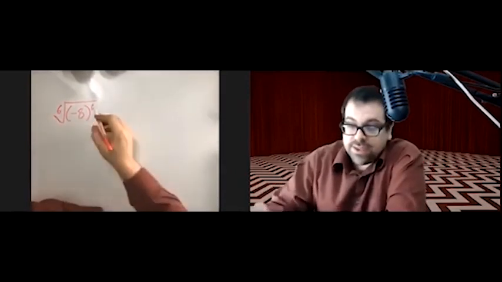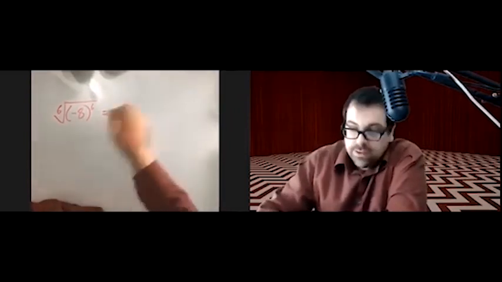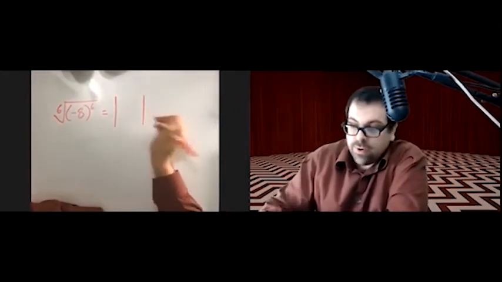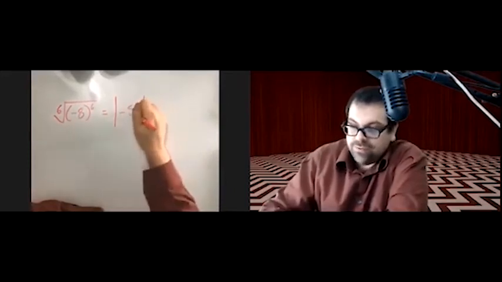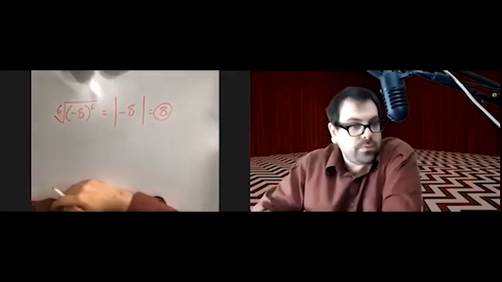Well, a sixth root and a sixth power cancel each other out. It's even. So we want the absolute value of what we're left with, the absolute value of negative 8, which is positive 8.